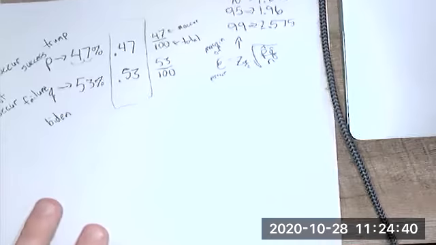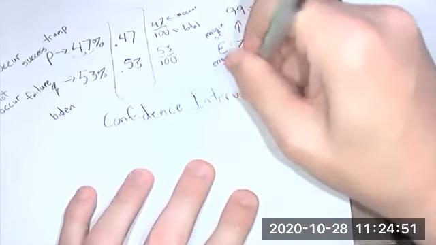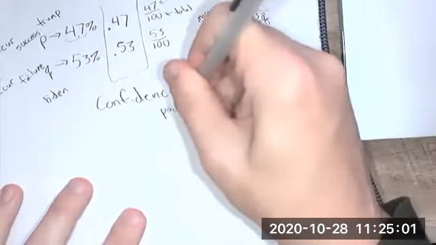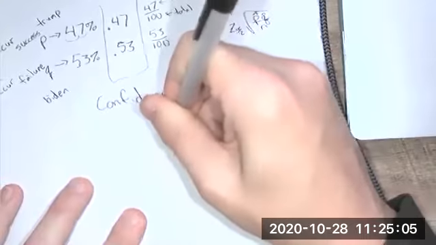But here's the idea of a confidence interval. The confidence interval is us creating an interval, like a bookcase, from one number to another number. How confident are we in where the population is actually going to be? You start with what's called your point estimate. The point estimate is the middle of the interval.